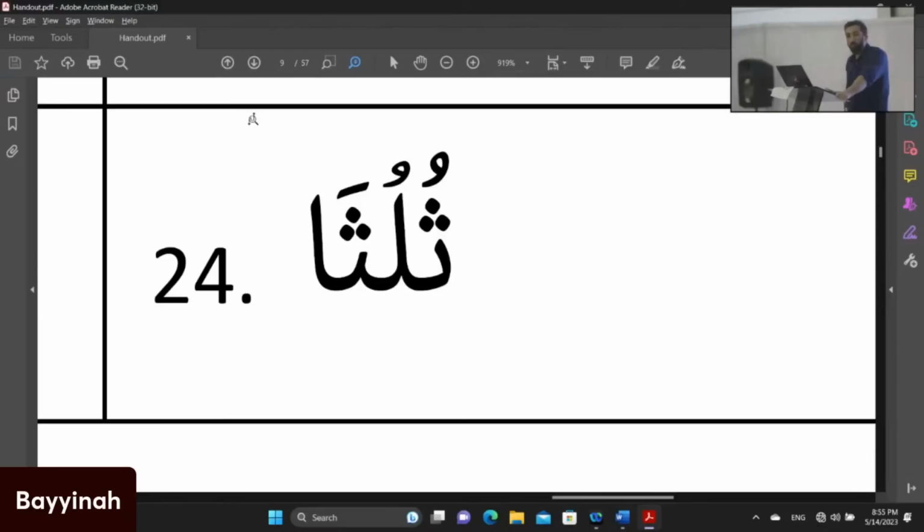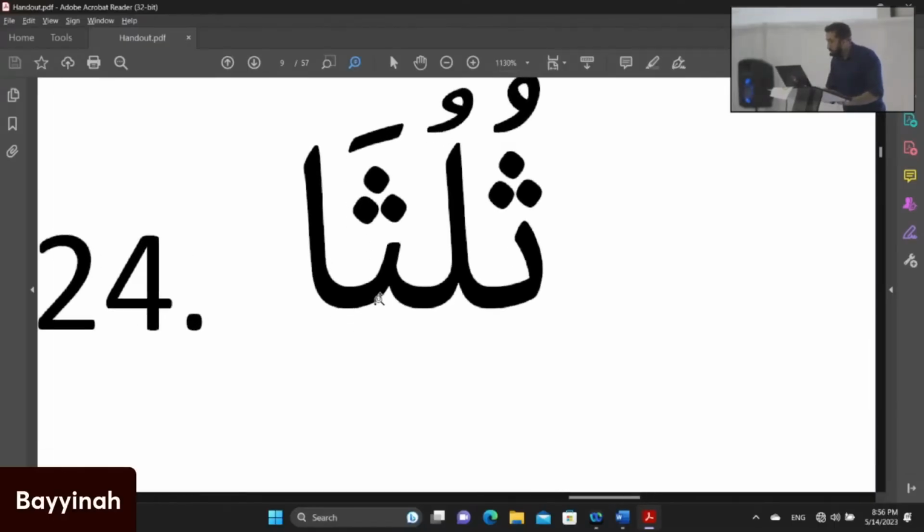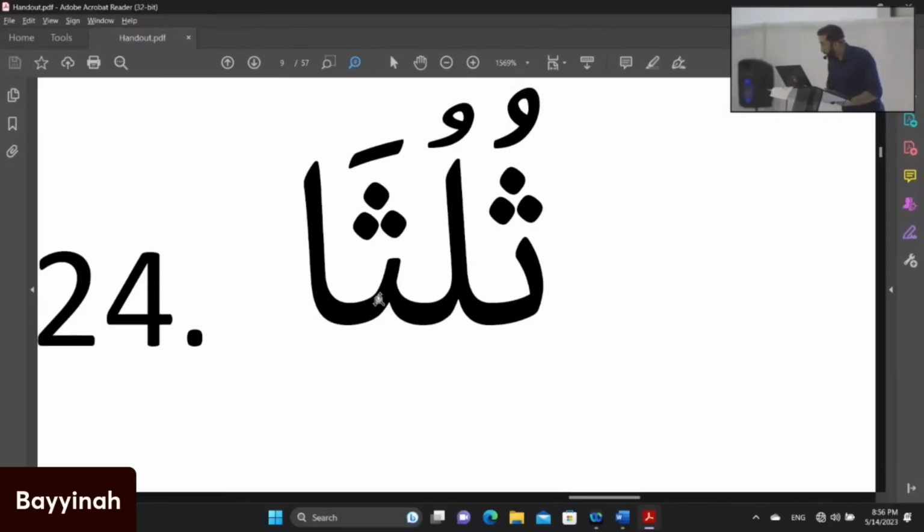What's the heavy version if this is light? Thulu what? Thuluthan? Nope. Thuluthani? Thuluthani. Let me zoom in. Maybe you could see it better. Thuluthani. You're right. I was just building confidence.